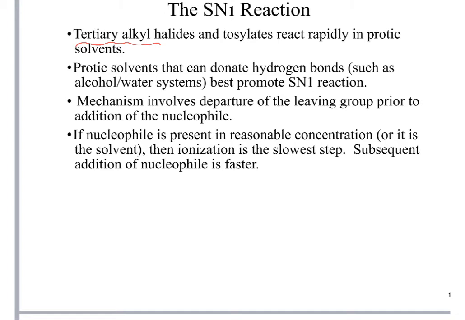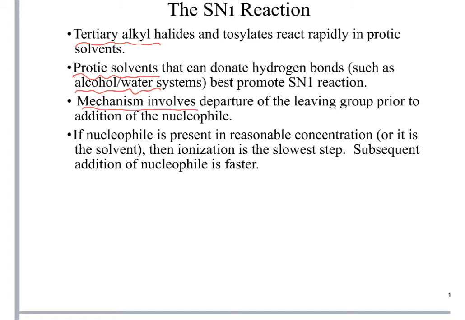The solvent for SN1 reaction, in contrast to SN2, needs to be a protic polar solvent, and you will recognize SN1 reaction by the solvent system, which typically will be alcohol mixed with water. And water increases the polarity of the solvent, whereas alcohol provides the organic component, since you cannot dissolve organic substrate in pure water.